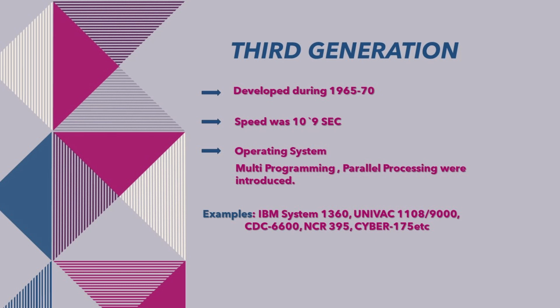In the third generation, computers were used for weather forecasting, airline reservation and banking services. Examples of third generation computers are IBM system, UNIVAC, CDC, NCR and Cyber.